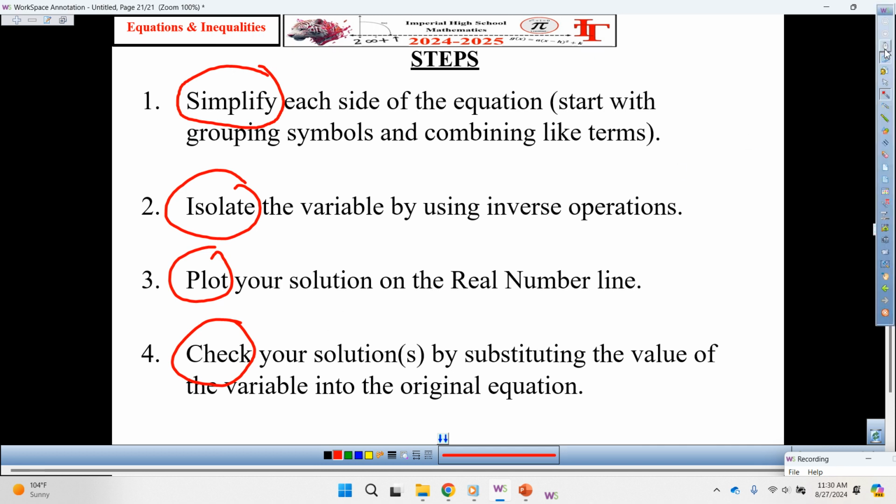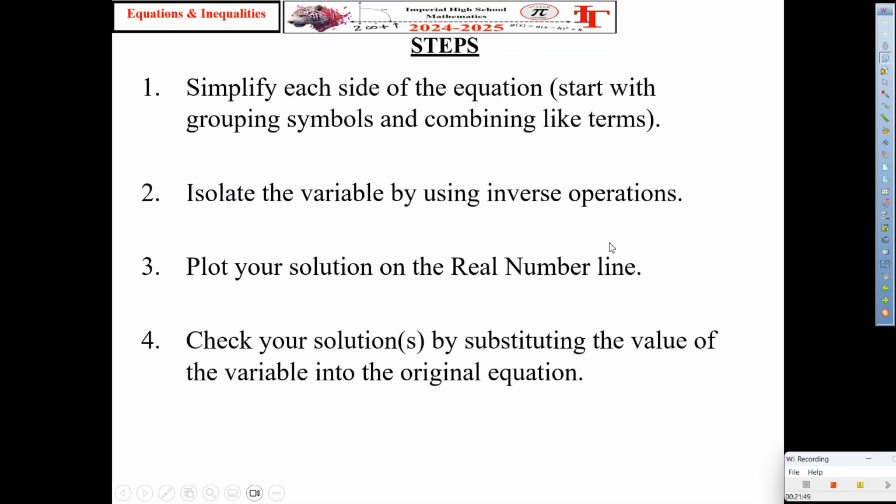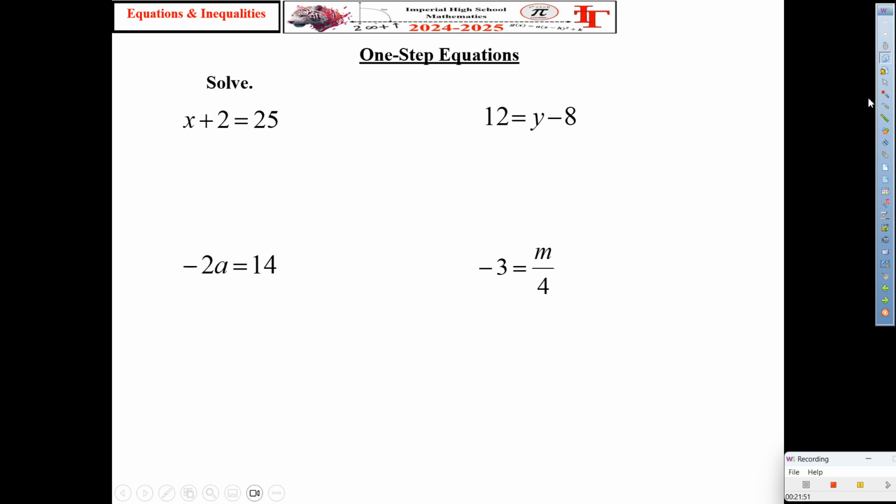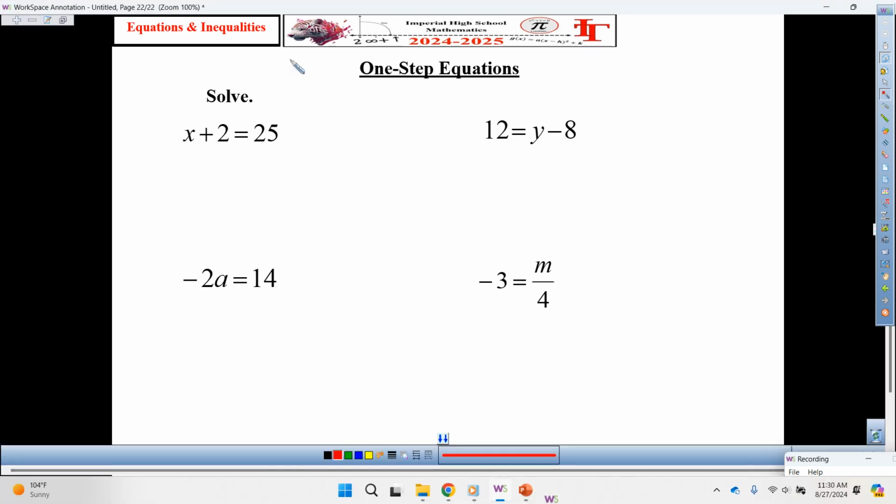So, with that said, y'all ready? All right, on your notes, copy these, please. Example Q. This is A, B, C, D. All right?